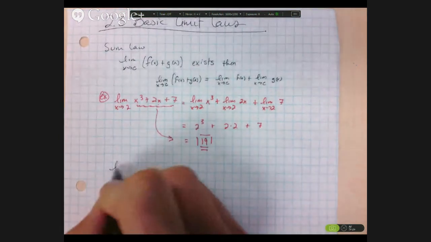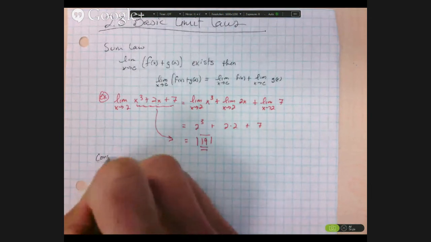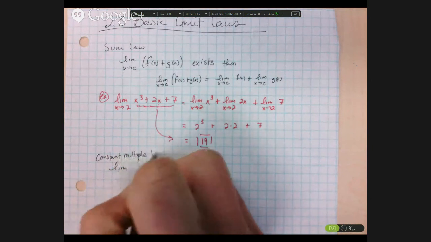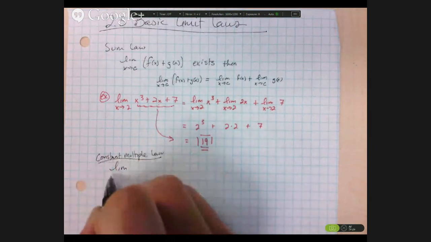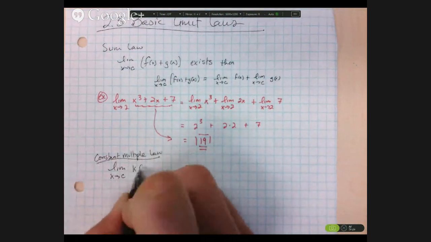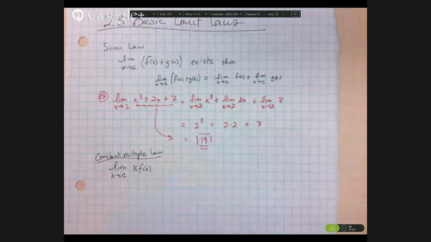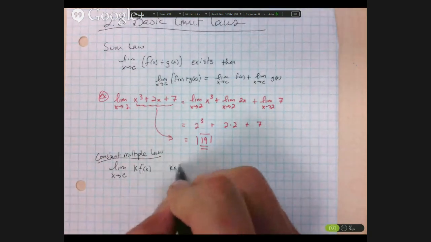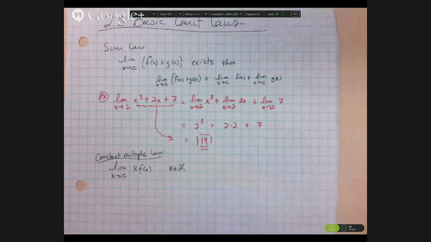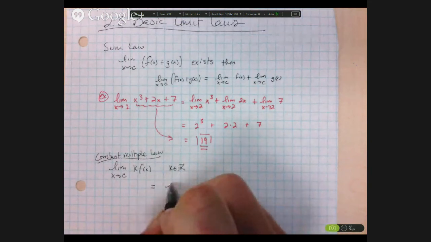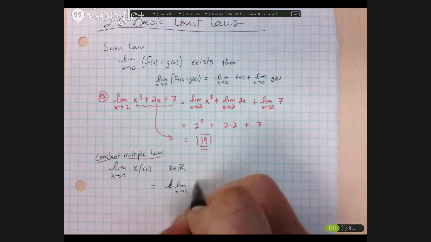This one's important. It's called the constant multiple law. The limit as x approaches some c of k times f of x, where k is a real number, is the same as k times the limit as x approaches c of f of x.